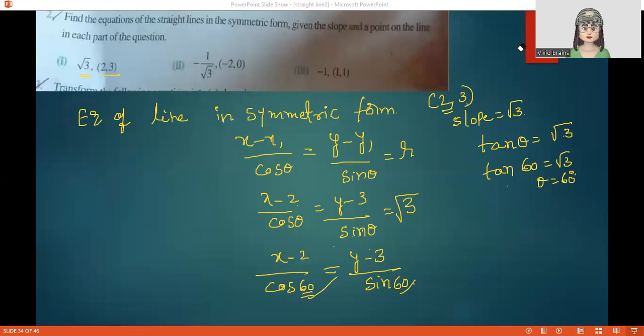Because tan theta is equal to root 3, tan 60 is equal to root 3. That means theta you are getting here. Just directly you substitute that. No need of changing all the things. So just you substitute that theta value here, cos 60 and sin 60. Okay, got it? Let us move to the next bit.